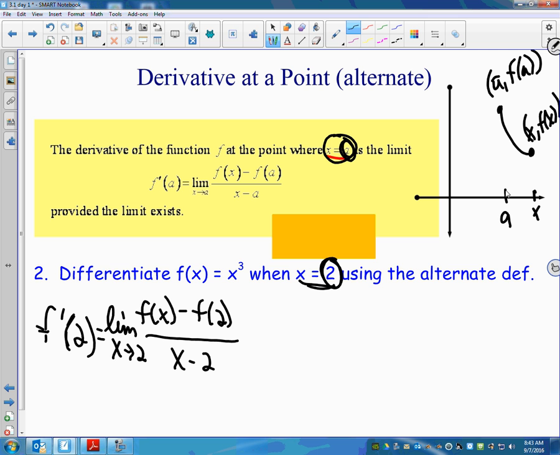So we want the x to move up to 2, right? So now, as x approaches 2, we have just x cubed. And then if I plug 2 into that problem, that's just 2 to the third, which is 8, all over x minus 2.